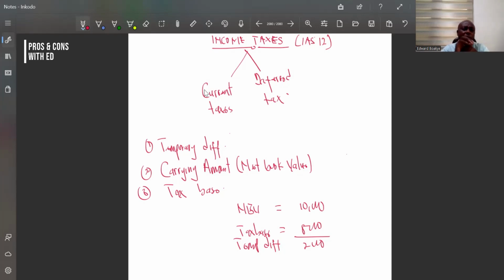But this temporary difference is in two forms.